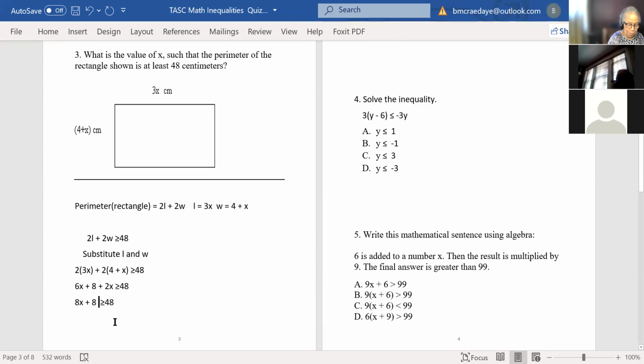What do you think? So you subtract 8 from both sides. That's it. Excellent. Subtract 8 from both sides. Now let's copy that over here on the right and continue.